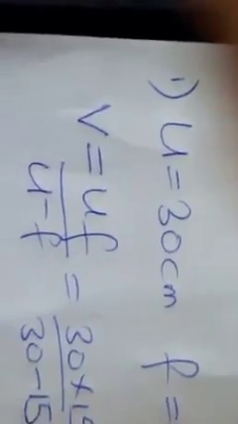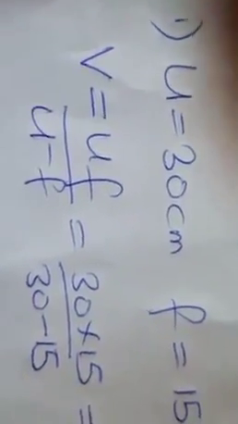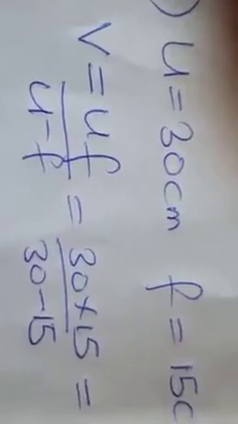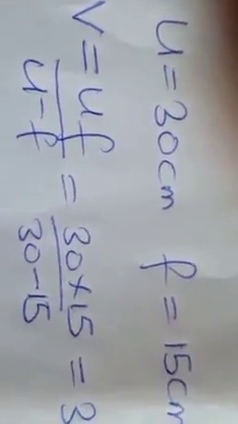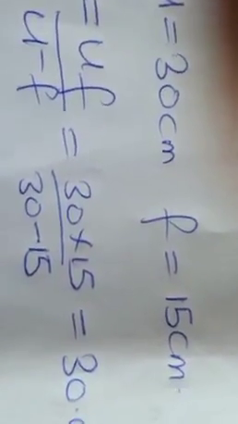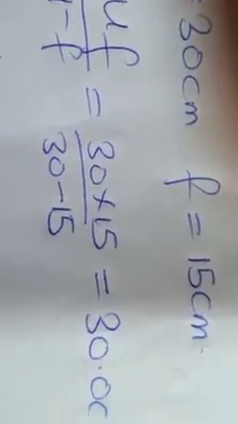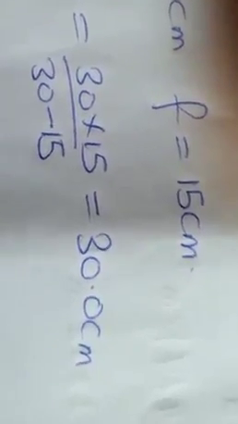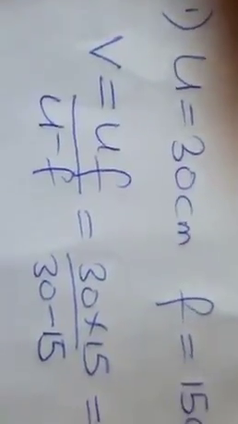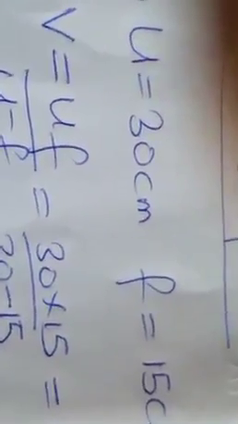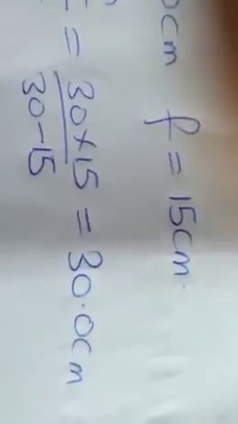So you apply the formula V equal to UF all over U minus F. Substitute U by 30, substitute F by 15, all over 30 minus 15. So 30 times 15 over 30 minus 15 gives us 30.0 cm as our image distance. So when the object is 30 cm, the image distance is also 30 cm.